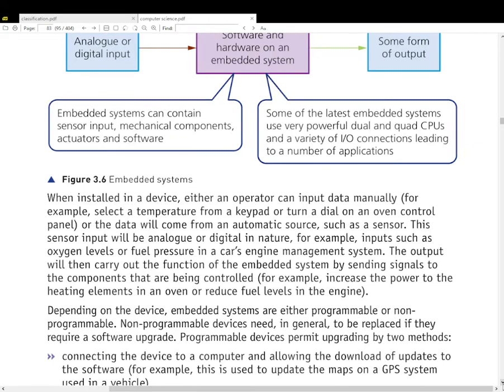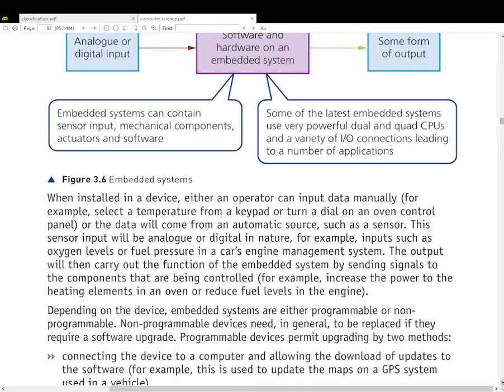Now, because they are analog in nature, there must be some kind of analog digital converter that is able to convert that data captured from the environment before releasing it to the microprocessor or a microcontroller or even system on a chip to compare it with what is already existing in the system to take appropriate action.